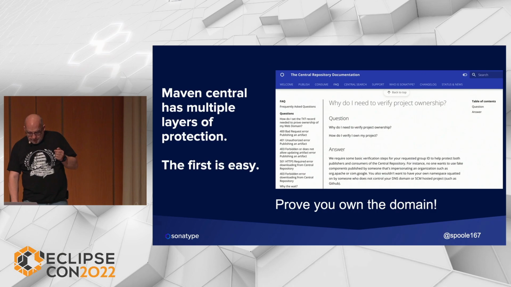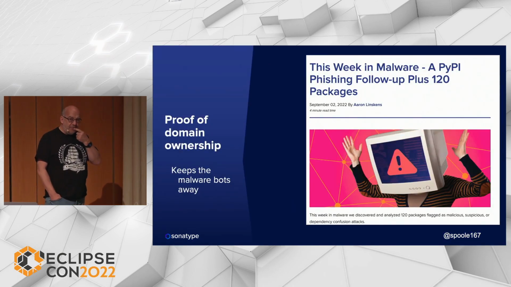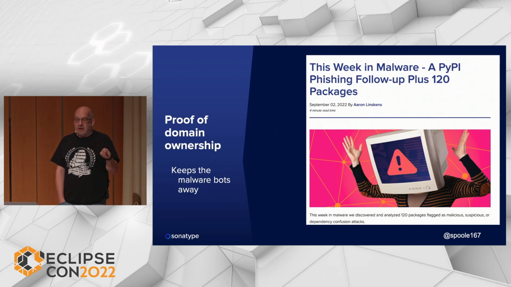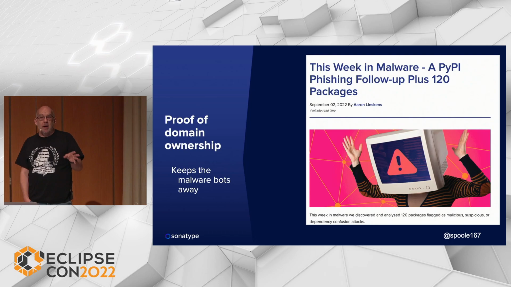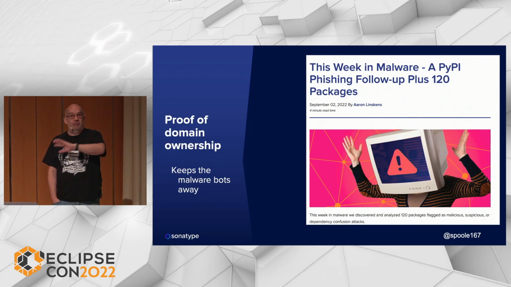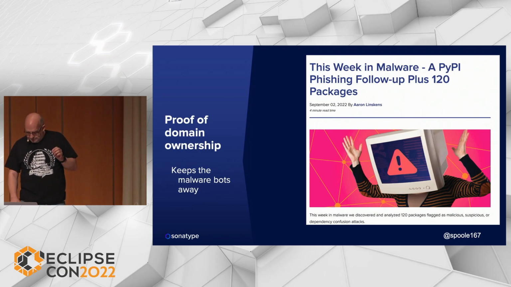But if we didn't do that, we'd be running into the same problems that we get in all the other domains, which is malware. So as an aside, if you look at some of the other places, one of the things that Sonatype is regularly doing is spotting malware being added by bots, not even by human beings, into other packages, right? So the domain name protection keeps that away, so we should be thankful for that as being an accident of Java's design, right?